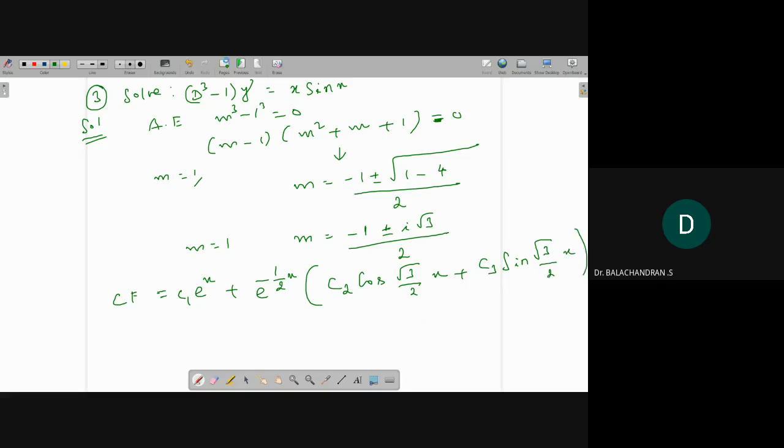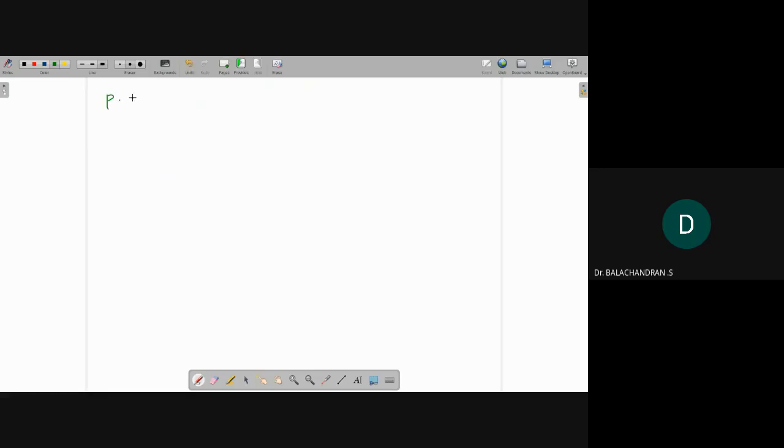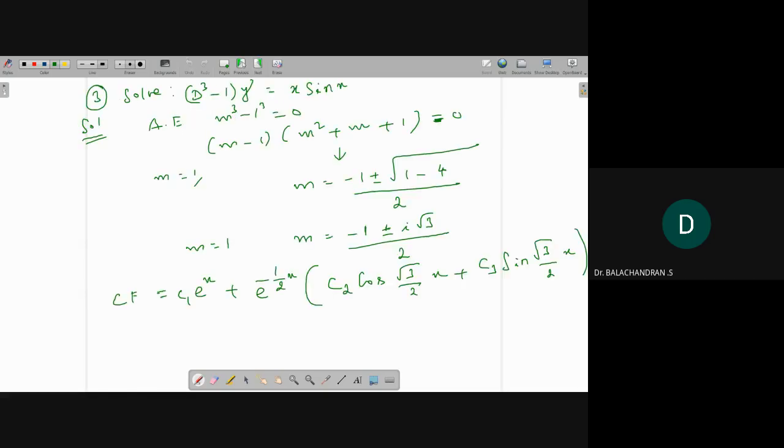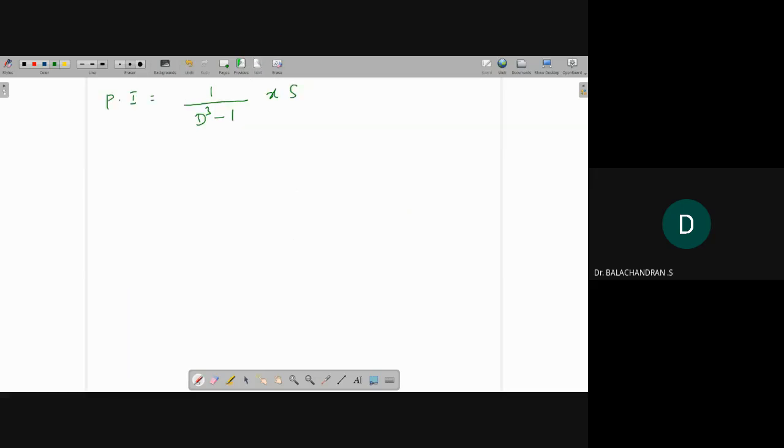Now PI equal to 1 by d cube minus 1. Right hand side is what? Right hand side is x into sin x. Okay, x into sin x.